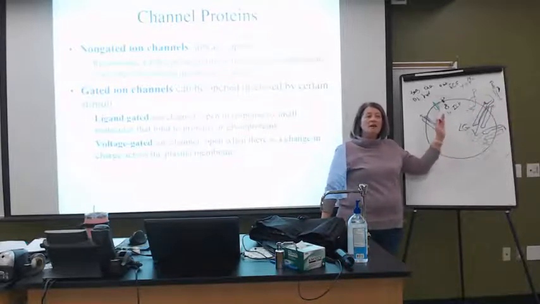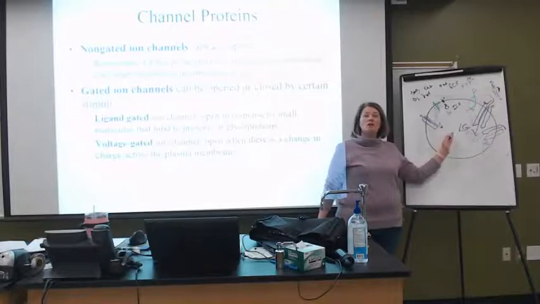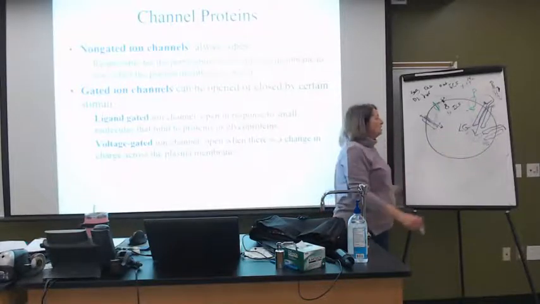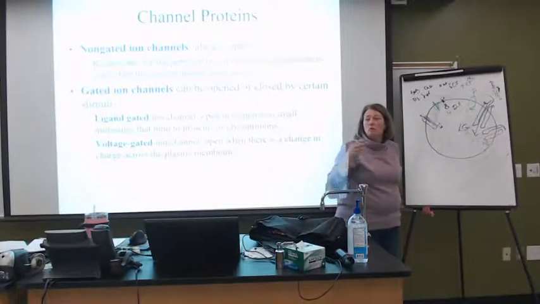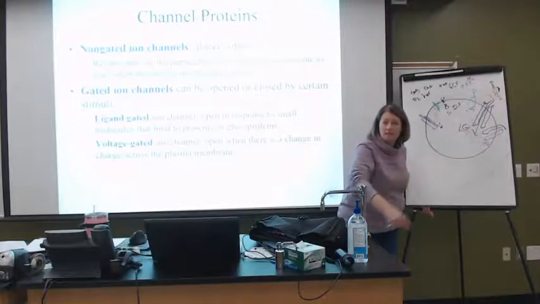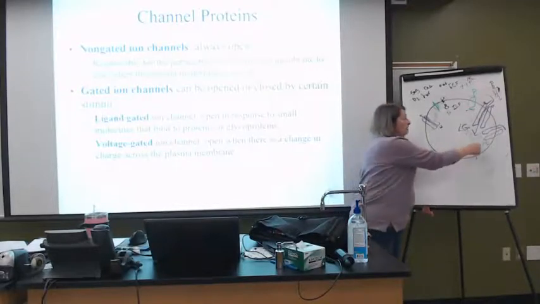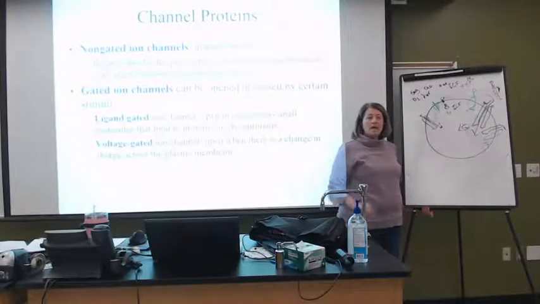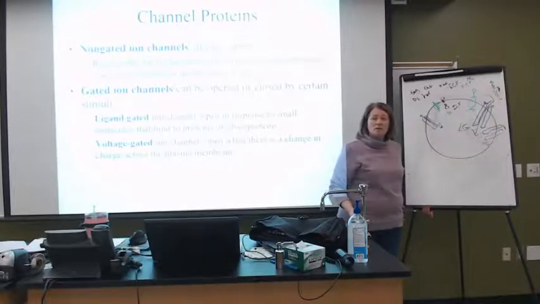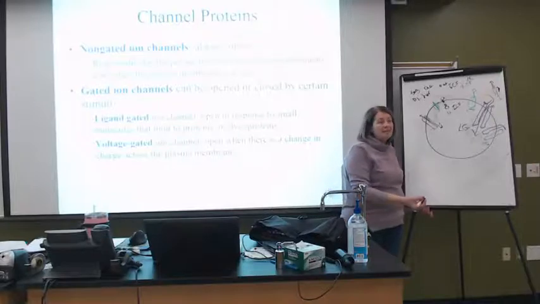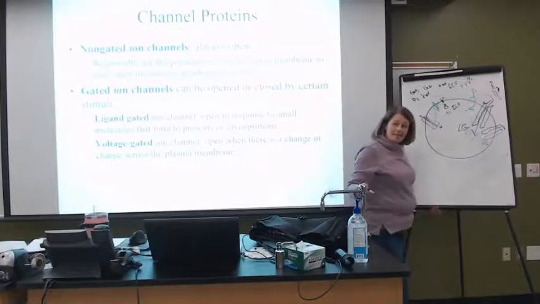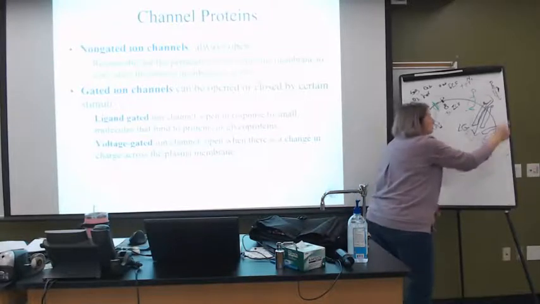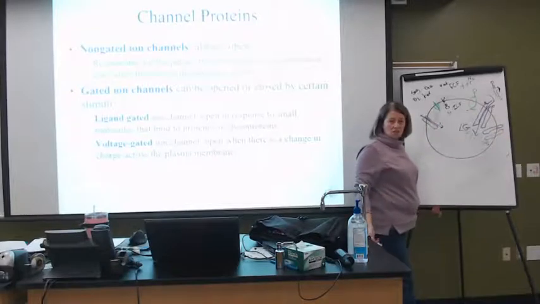So if I affected the voltage of my cell, the next protein that will get affected from that is my voltage gated. Because now my voltage gated is going, well, now wait a minute, a bunch of positives just came in, so, oh, good deal. This gate gets to open. So now my voltage gated opens.